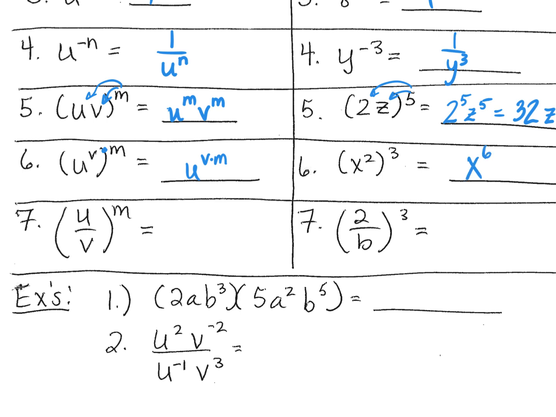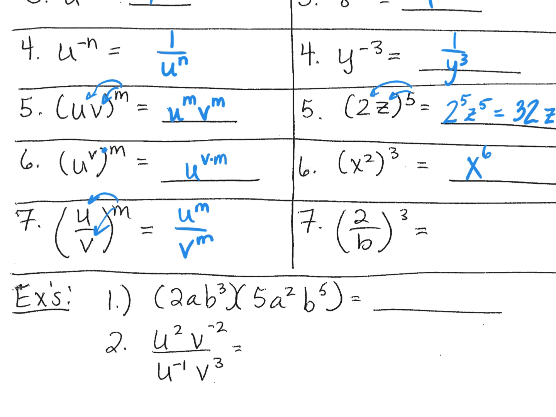U over v to the m power should be treated just like number 5. So what would the rule be? Yeah, apply it to both. U to the m over v to the m.